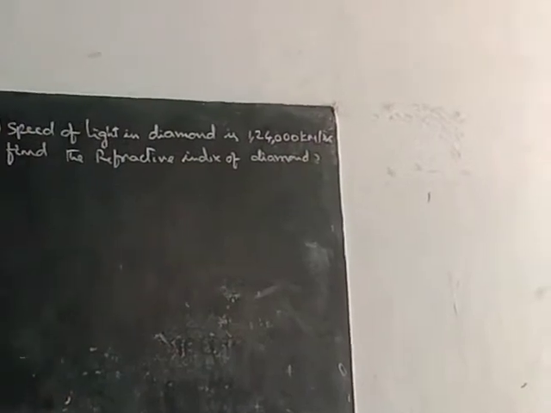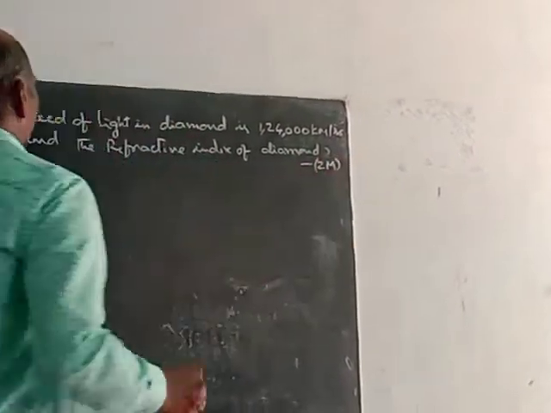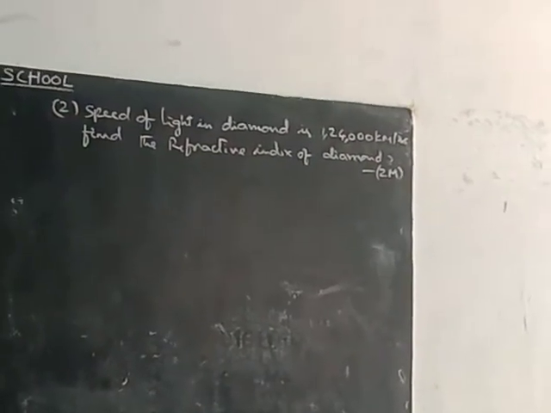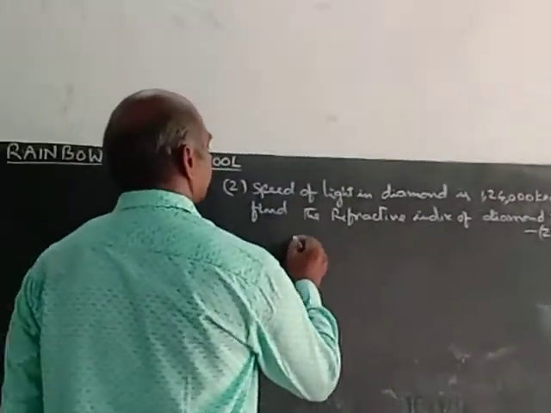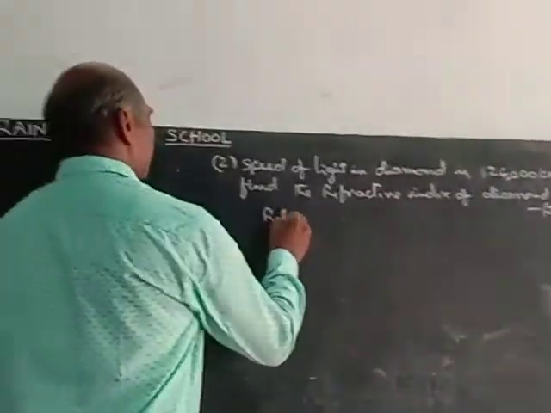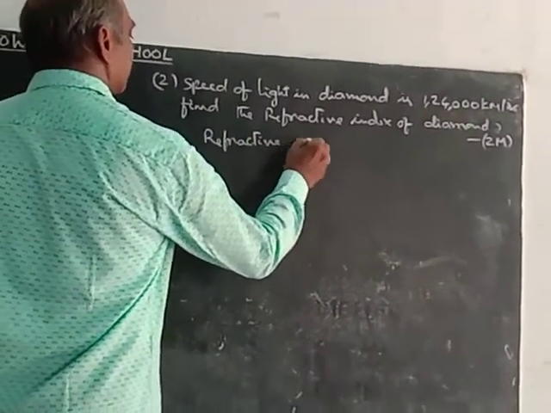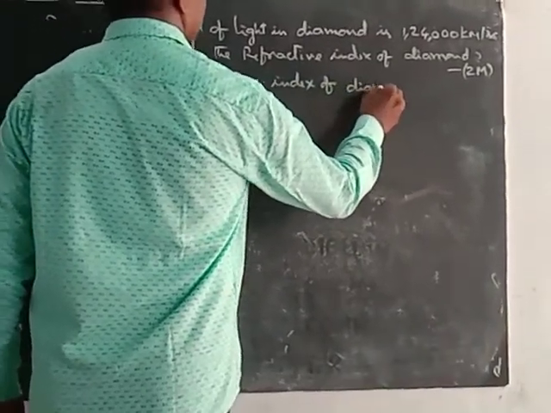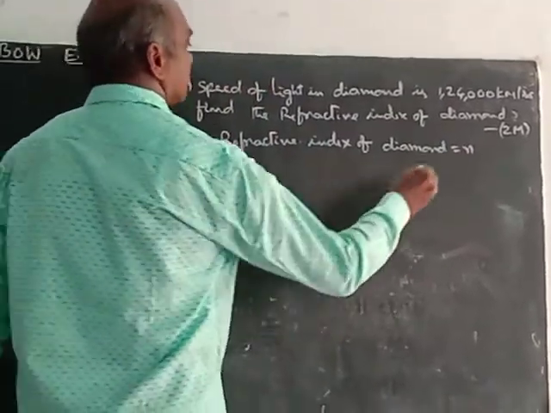This is the question, a 2 marks question. Speed of light in diamond is 1,24,000 km per second. Find the refractive index of diamond. Refractive index of diamond is equal to, question mark.